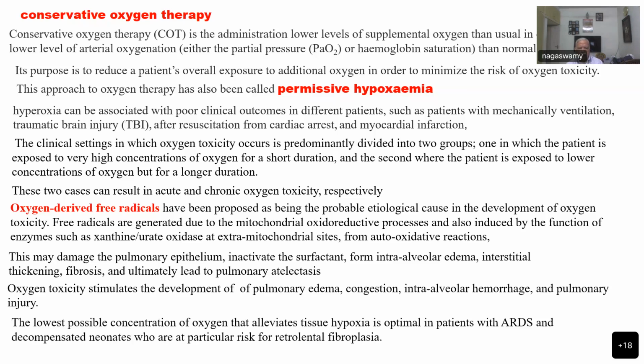So the lowest possible concentration of oxygen that alleviates tissue hypoxia is optimal in patients with ARDS and decompensated neonates who are at particular risk of retrolental hyperplasia also. So the neonates, that's why we don't want to give higher concentration in children. And so these are some of the points you can add to the conservative.